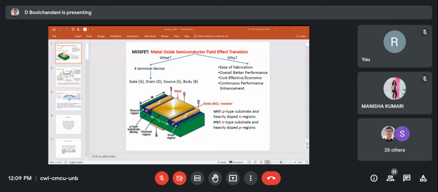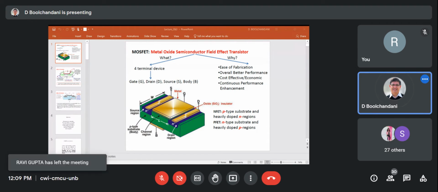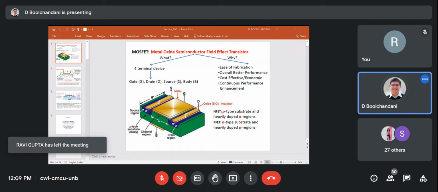Right. So this is a basic 3D view of a MOSFET. It is known as metal oxide semiconductor field effect transistor. It has four terminals: gate, drain, source, and body terminal. Why has it become so popular?